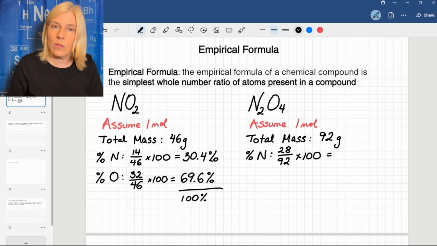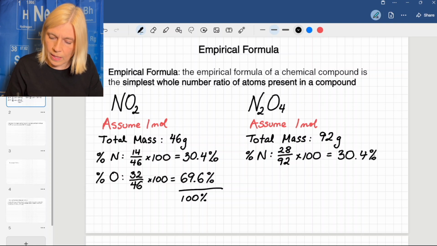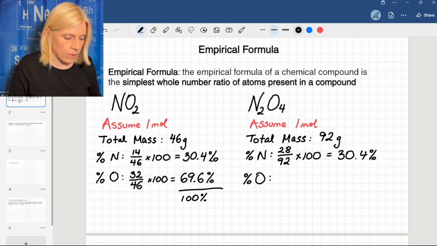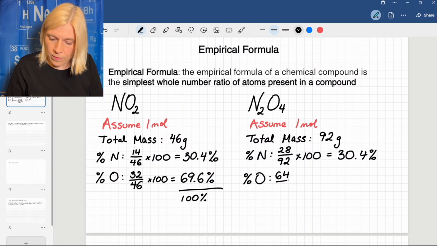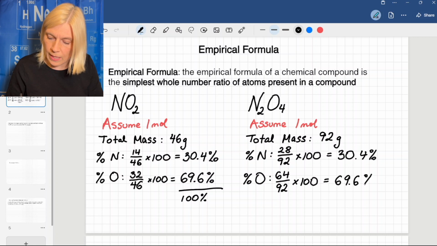And when we do that, we're going to see it's going to be 30.4%. And if we're going to do percent oxygen, percent composition by mass, now we're going to do 64 divided by 92 times 100, going to see that it's 69.6%. Again, that adds up to 100.